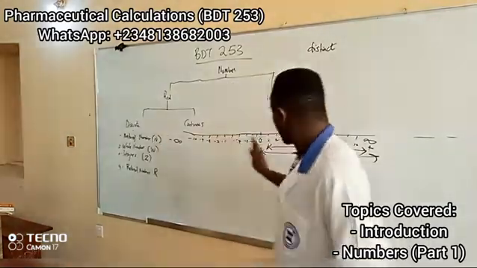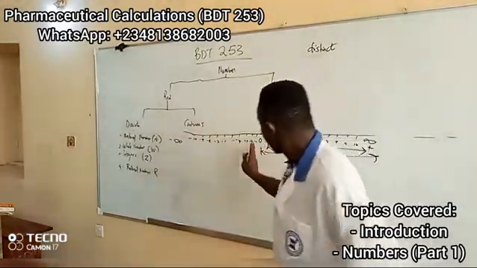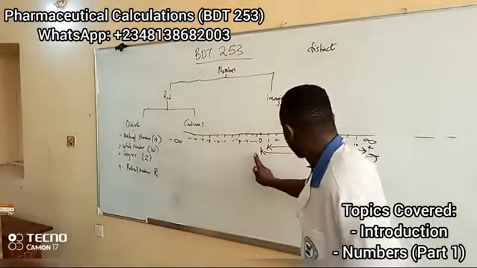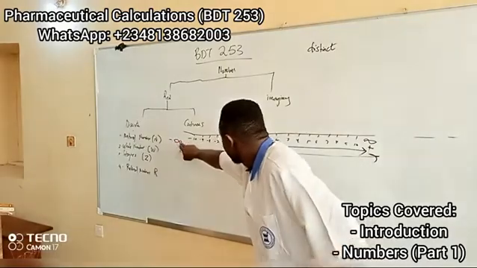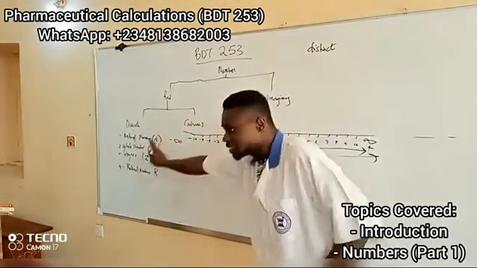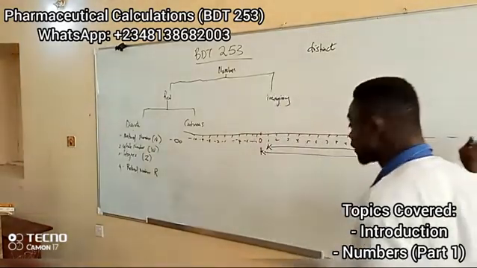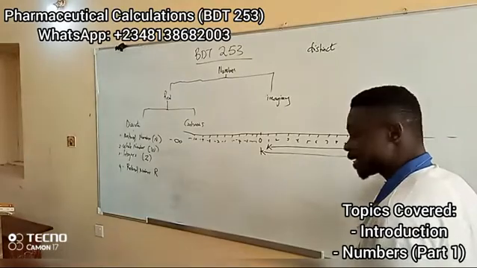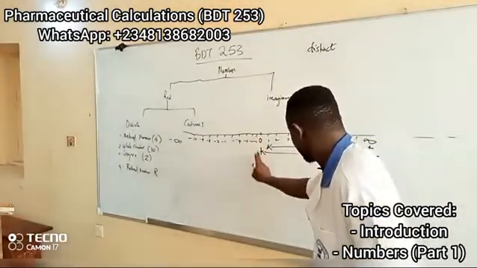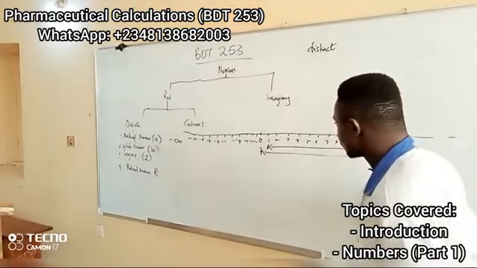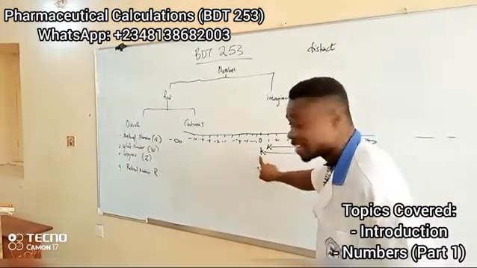Negative integer, positive integer, negative integer, positive integer, right? From here to here is positive integer plus 0, which is the natural numbers.